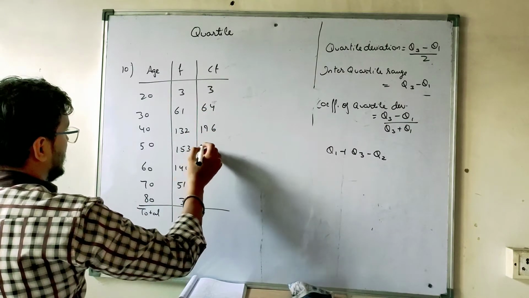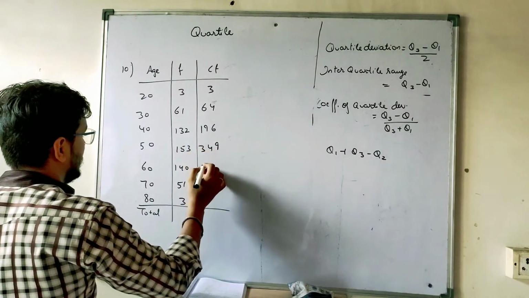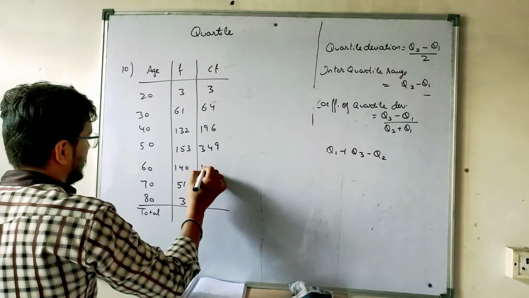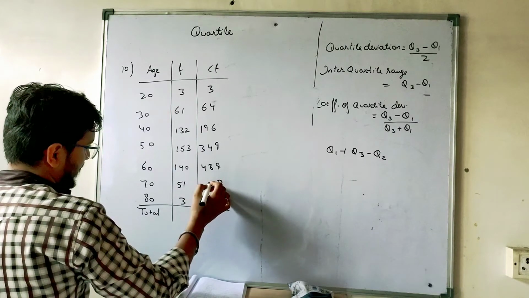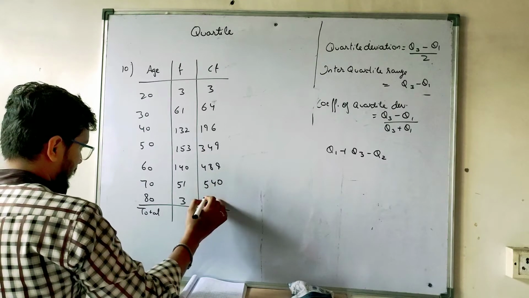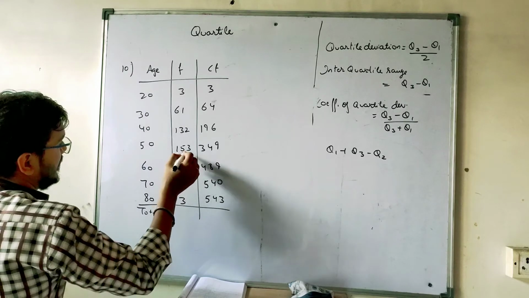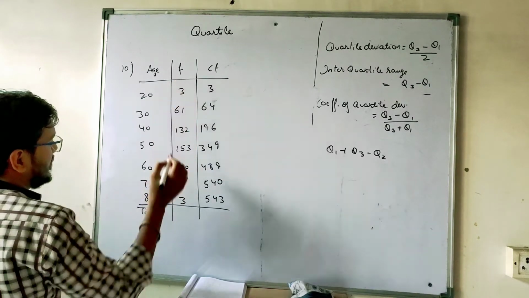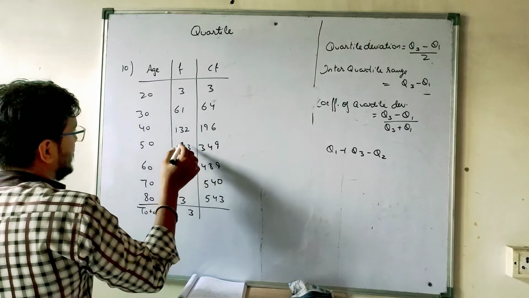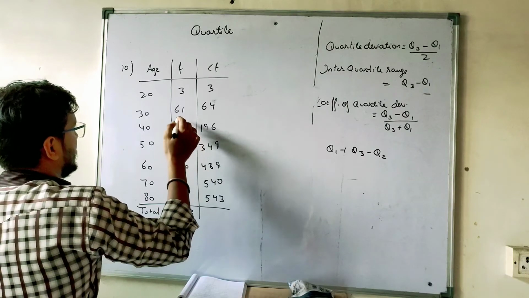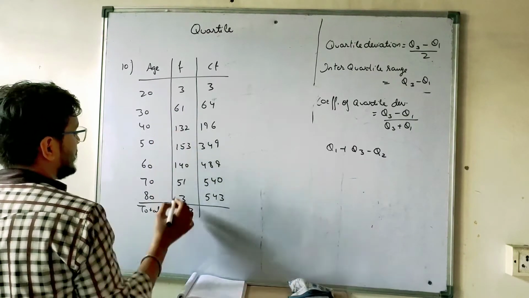196, 349, 489, 540 and 543, right? Sum of it, so 3, 4, 5, 6, 7, 8, 9, 10, 11, 12, 13, and 1, 5, 6, 6 and 4, 10, 15, 15 and 3, 18, 18 and 6, 24, and 2, 2, 1, 3, 4, 5, 543, right?